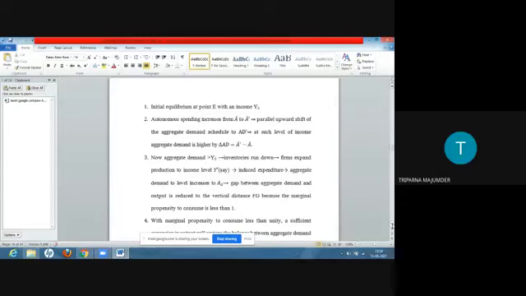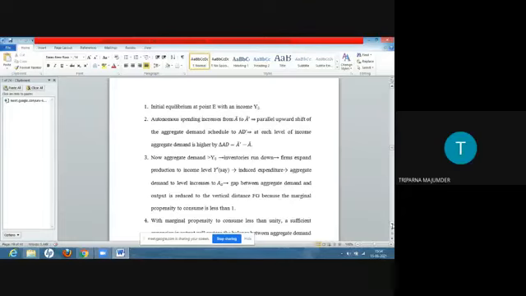Now, aggregate demand is greater than Y0. This leads to inventories running down, which further leads to firms expanding production to income levels, say Y dash.